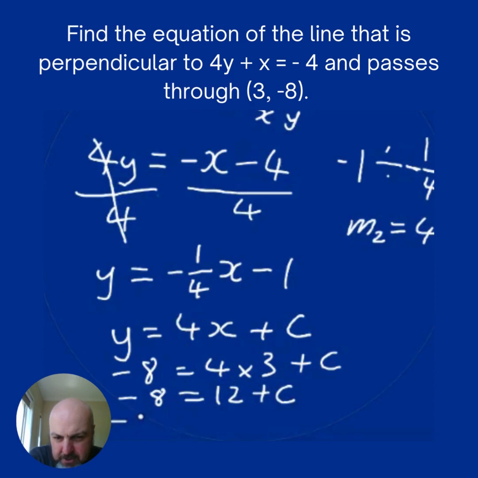Opposite side, I've got a negative 12. C will equal negative 20. So the equation of the perpendicular line will be y equals 4x minus 20. There we go. And that's the perpendicular line for this equation.